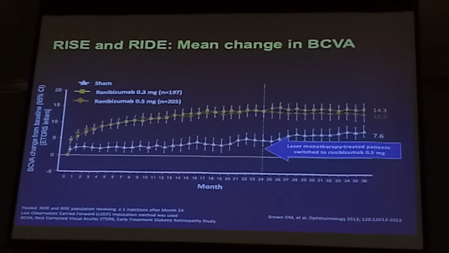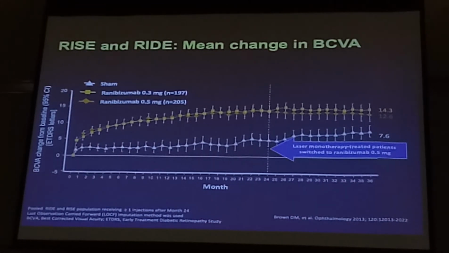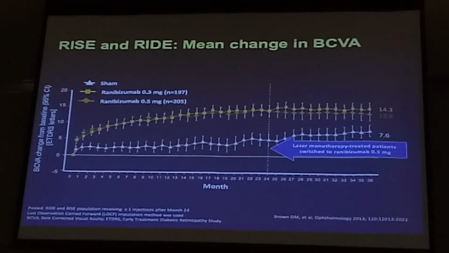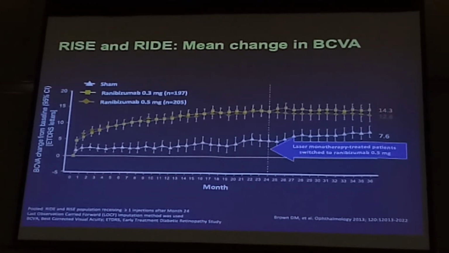Even if you switch them later on to anti-VEGF, they don't catch up. So there is a limit, a time window of opportunity for you to treat and protect your macular photoreceptors. You wait too long, and that length of time, maybe 6 months, maybe 9 months, or 12 months, we don't know. You wait too long, you end up with irreversible damage to photoreceptors.